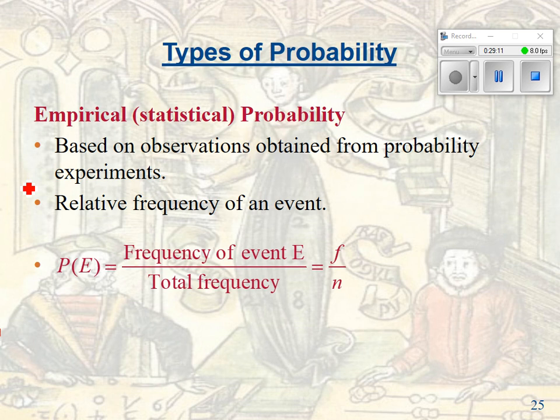But this time it's going to be, hey, we took a survey, and in our results we saw that 75 people said yes, and 25 people said no. So we're looking at the results of the survey instead of saying, hey, we flipped the coin and there's a 50-50 chance that you get heads or tails. So empirical is looking at some kind of information from somewhere.